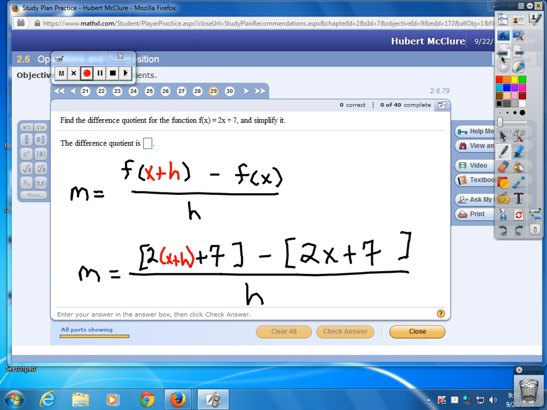And then I said, well, this is not f of 3, it is f of x plus h. So instead of the 3 going in for this x right here, what's going to go in for it? X plus h. That's where the 3 came from. I just followed the number.